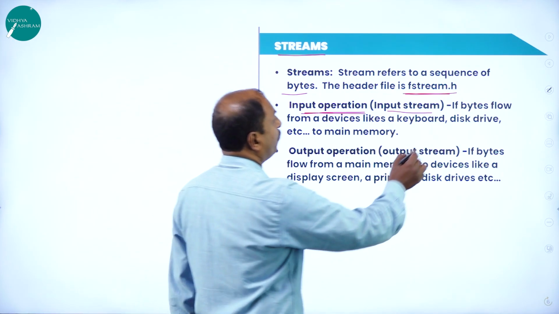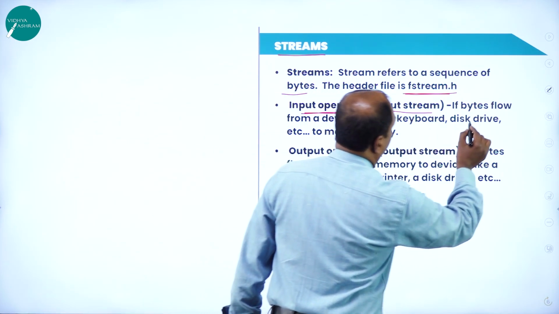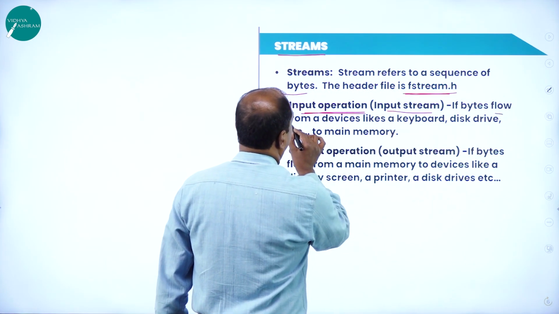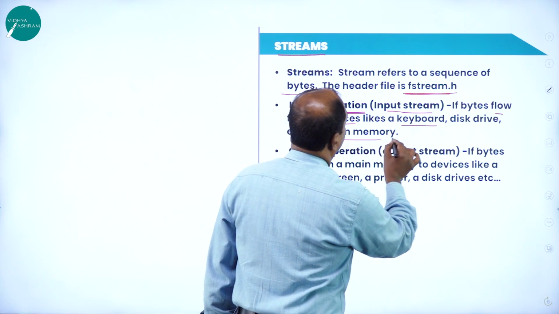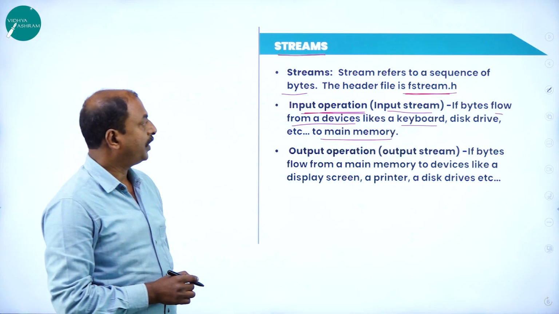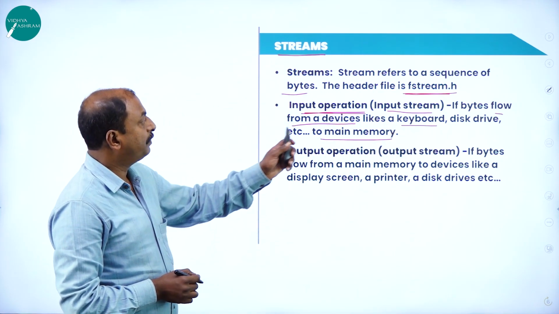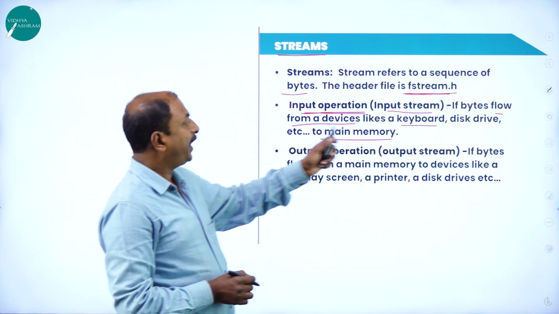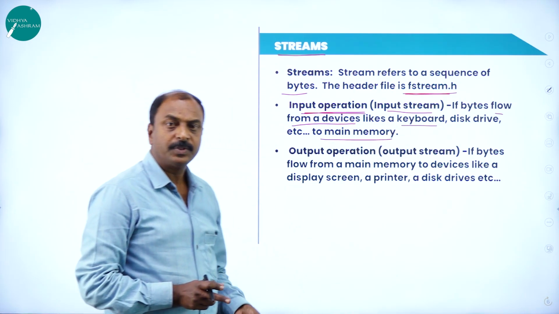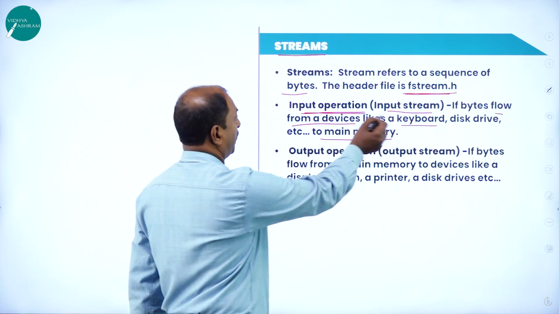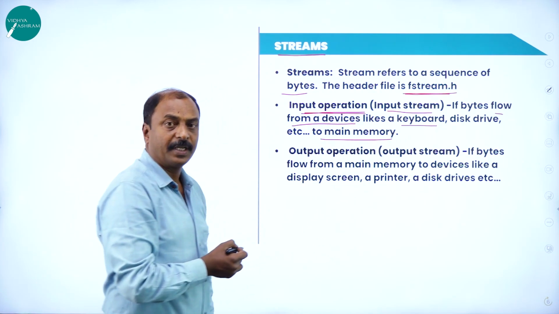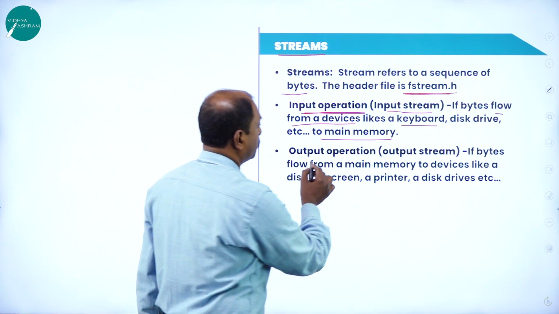If bytes flow from a device like a keyboard to the computer memory, that is the input stream: the data flows from an input device to computer memory through the input stream. So that is an input operation. Next is the output stream.